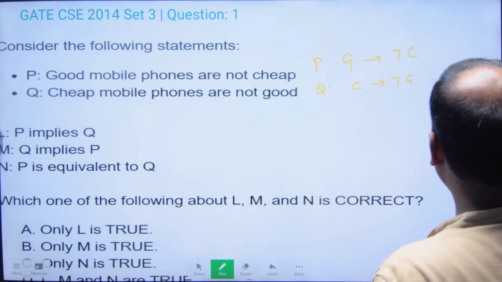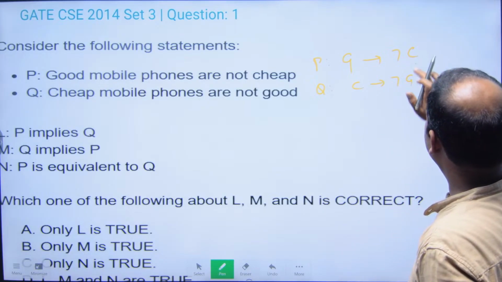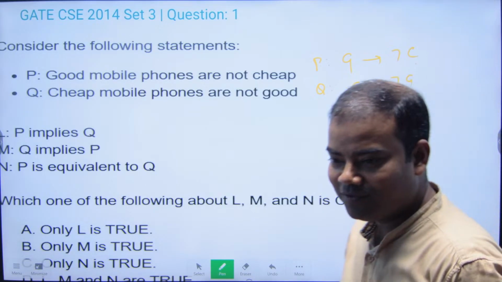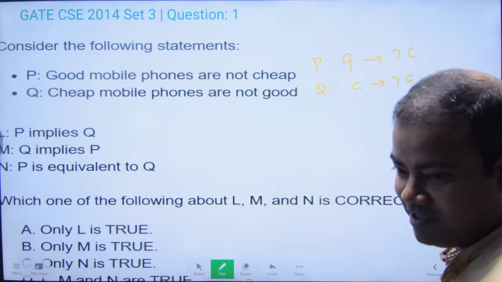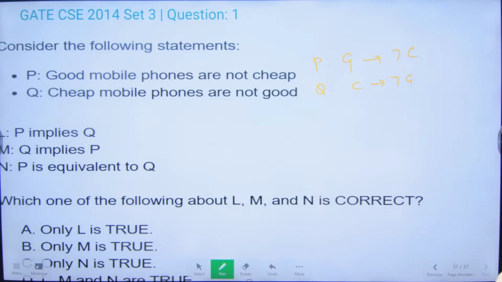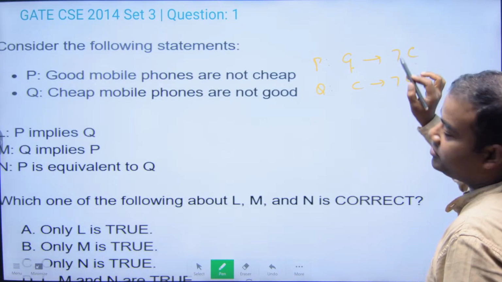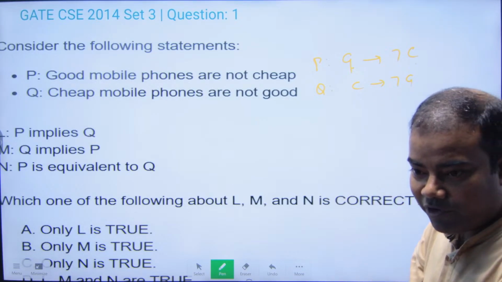What is the contrapositive of the first statement? Good mobile phones are not cheap can be written as: if it is a good mobile, it is not cheap. What is the contrapositive of this statement?